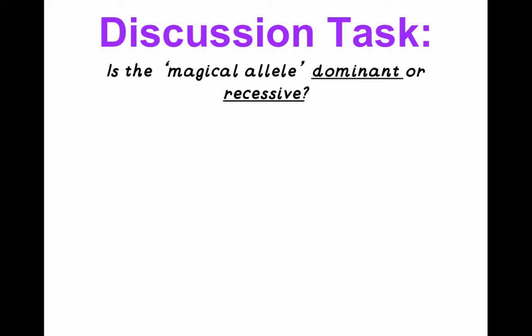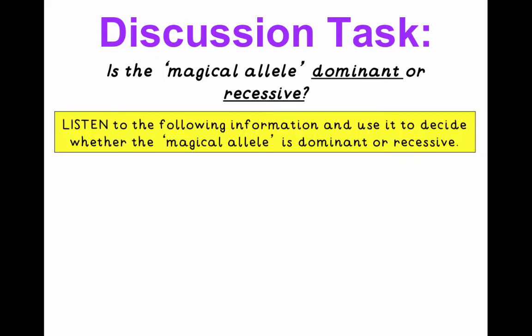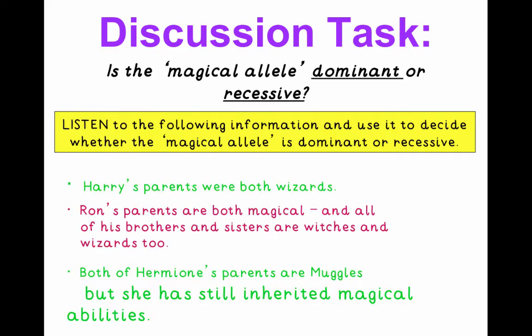Consider Harry Potter. Is the magical allele in Harry Potter movies dominant or recessive? Now, here's some information to help you decide. Harry's parents, and this is the main character, Harry Potter, both of his parents are wizards, and he is also a wizard.